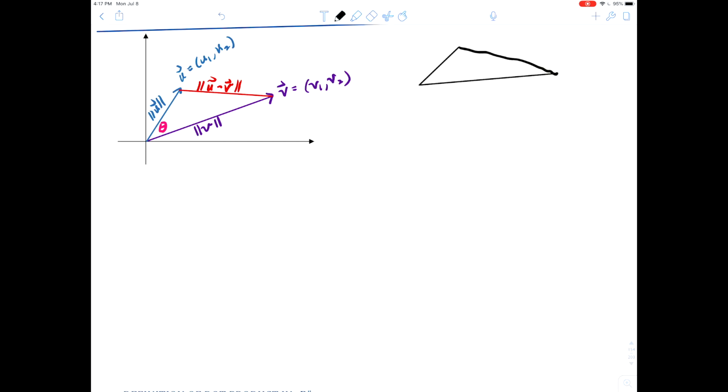I'm going to call this angle C, so this would be side C. And then angle A, we have side A here. And then angle B gives us side B right here. Cool, cool? Okay, so what does the law of cosines tell us? Anybody remember?